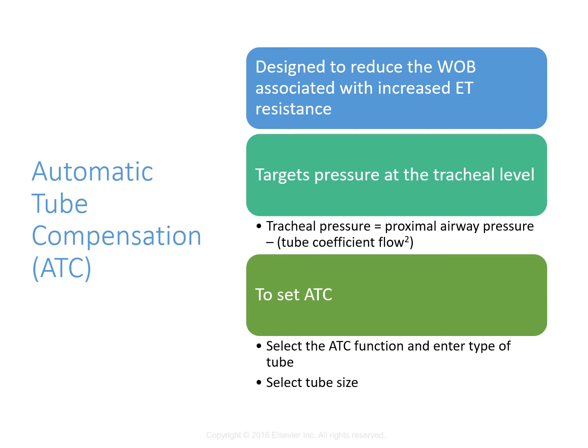So it's providing variable pressure support with inspiratory flow compensation. Think about it as a variable pressure support mode that's very specific and calculated. And the whole idea is to target the pressure at the trachea level and adjust the pressure support to try to maintain that tracheal pressure at a constant level.